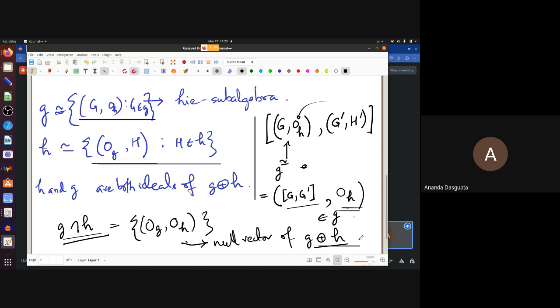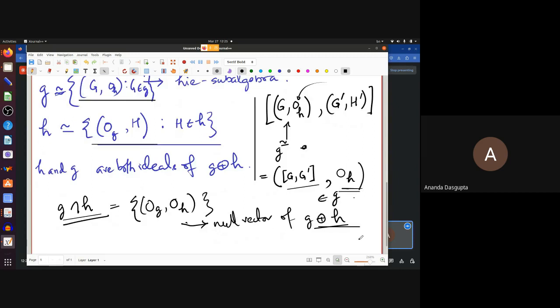In a direct sum, both the entities which are direct sum happen to be ideals of the sum, and their intersection is just the null vector. Okay, I will not say anything much more about direct sums because the basic properties of direct sums are very easy to derive using all the standard properties of Lie algebras and so on. And most of them are sort of obvious. Essentially, in a direct sum, both algebras do things on their own.